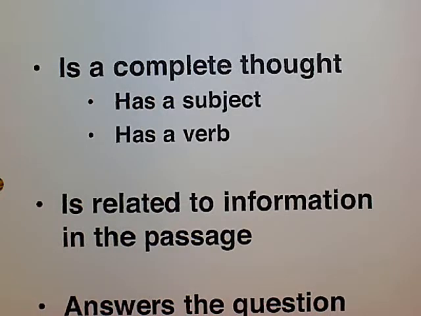Okay, so when you answer a factual question, you will answer it in your head as a complete statement. That means that you have to have a subject and a verb. Most important, though, you must make sure that the answer you choose is the same as or directly related to the information in the passage. That means if the question asks you how old a person is, you will find the sentence in the passage that tells you how old the person is.